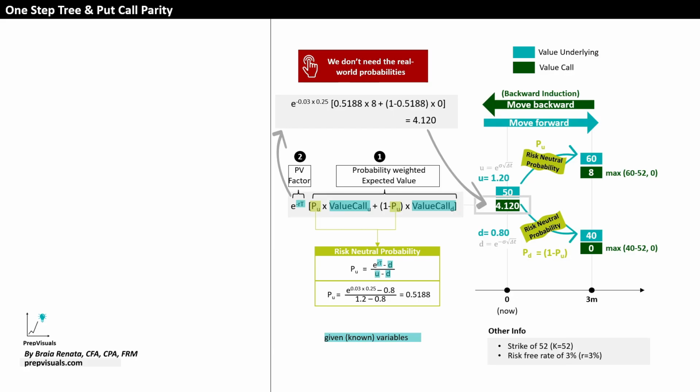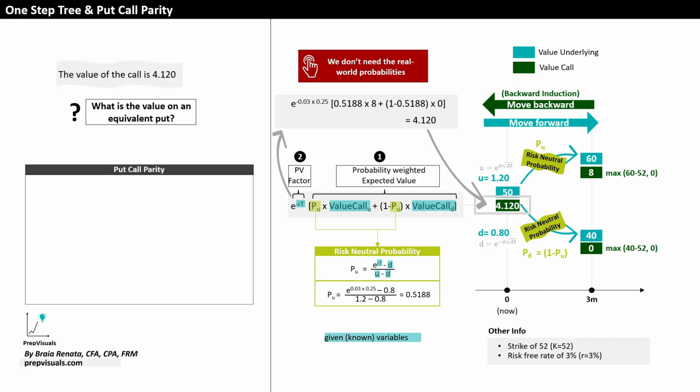Now, before I wrap up this lesson, there is one more aspect that the curriculum is highlighting, so let me just illustrate that within this context. So basically, we just calculated the value of the call to be 4.120. And let me ask you, what is the value of an equivalent put?